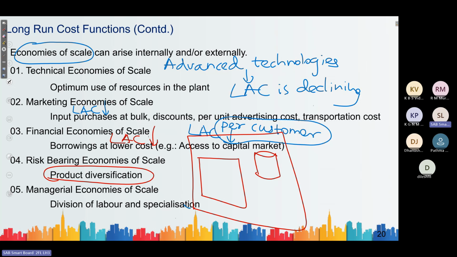So at larger scales, they can diversify their production. At a lower scale, they only produced coconut to the market. But after expanding the market, now they can produce canned coconut drink. So likewise, when producing canned coconut drink and coconut both together, their long run average cost will be lower.